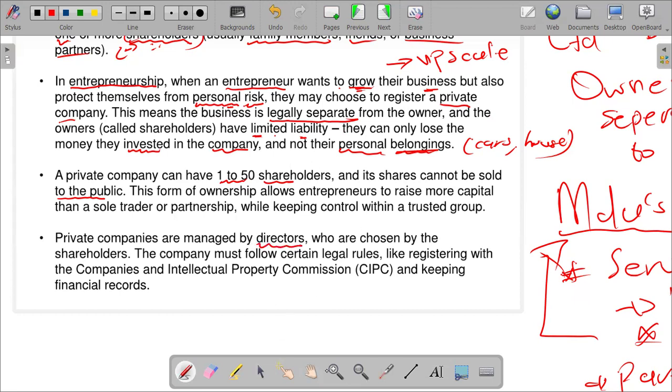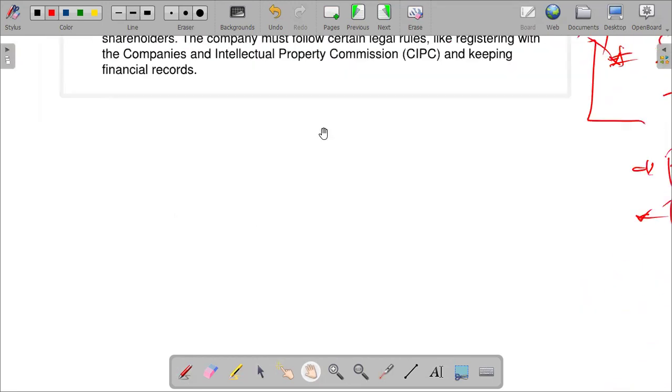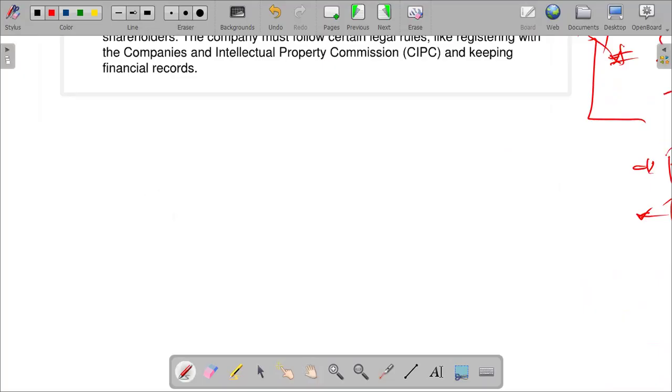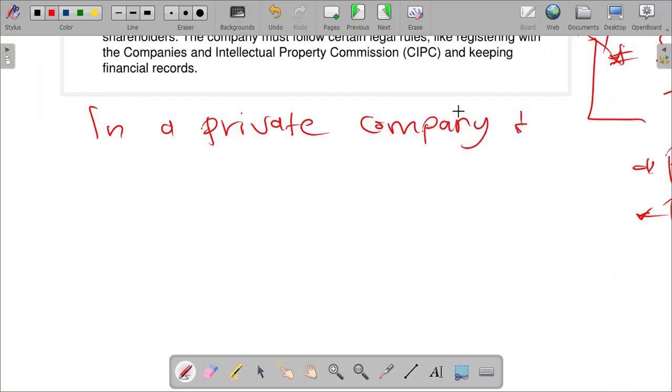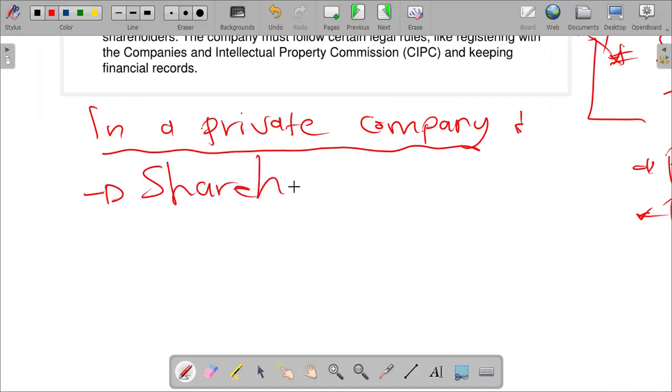So let's divert into it. In a private company, you have shareholders.